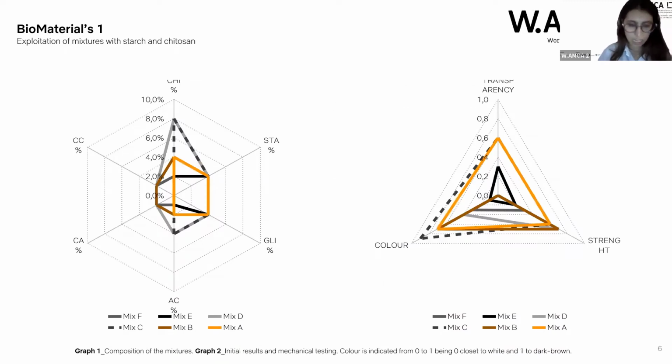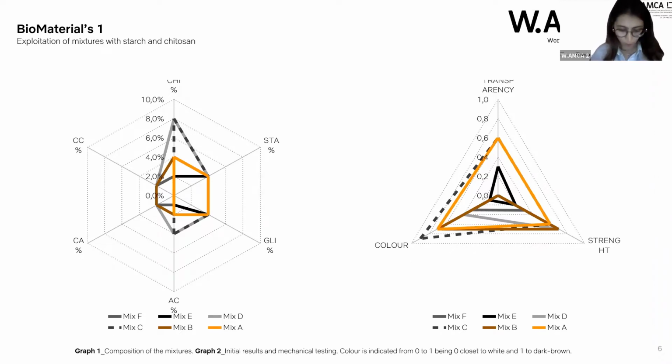So in this graph, we can see the proportions of the materials, and we clearly understand that some mixtures don't have cellulose and others have. Mixtures with a high proportion of chitosan, others lower.